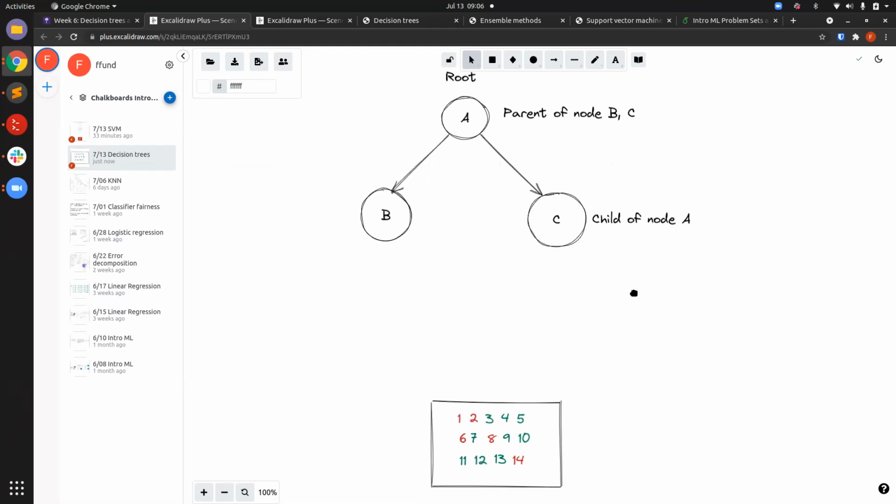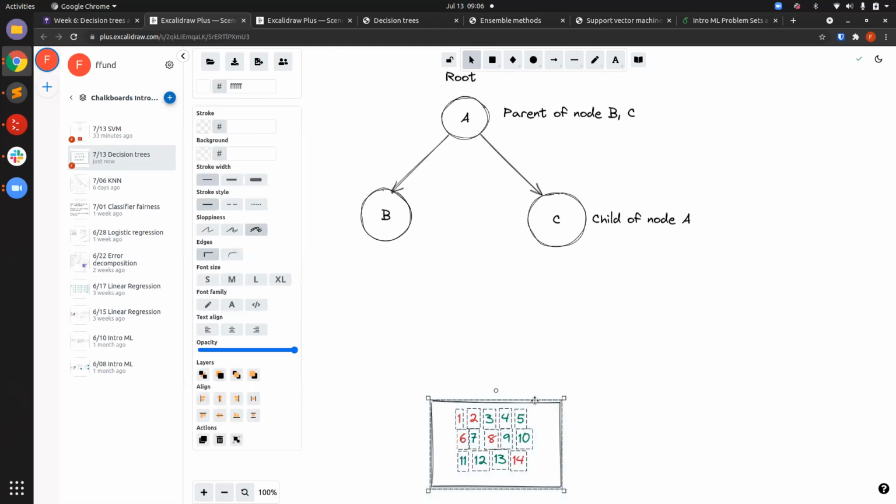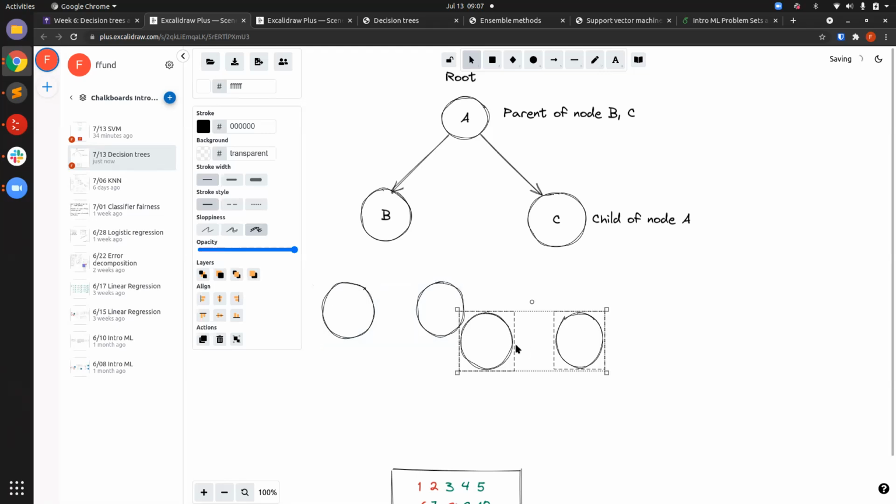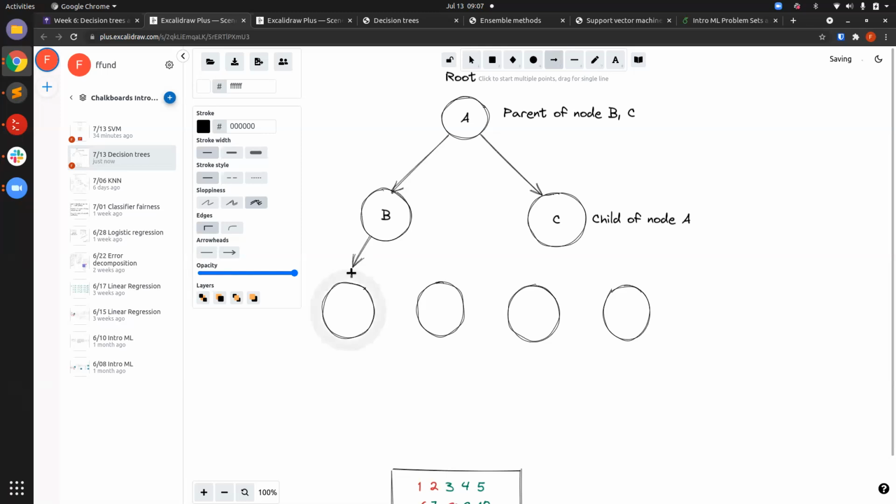And let's draw a couple more nodes. Okay, so a few more nodes.